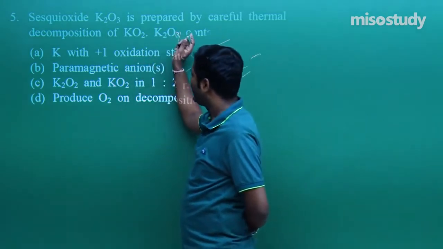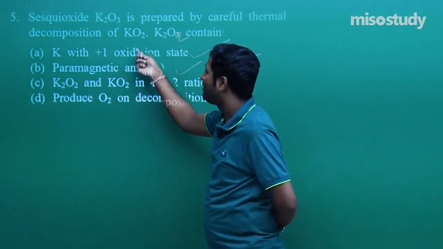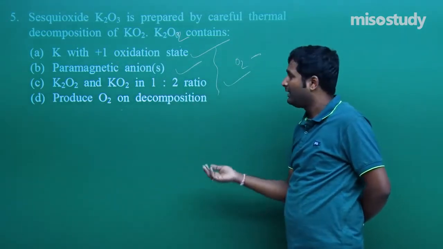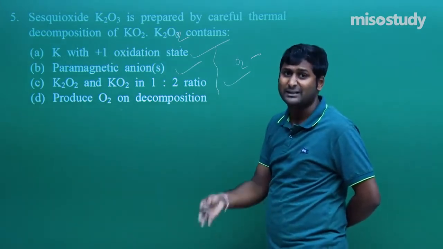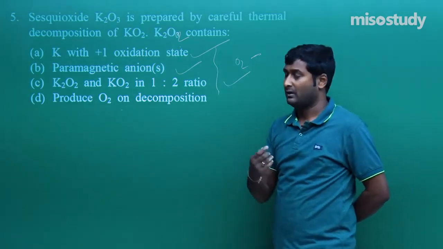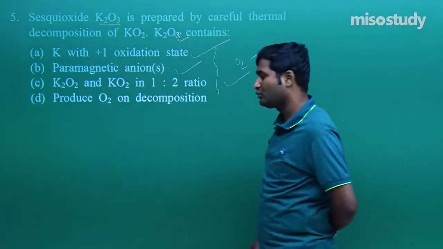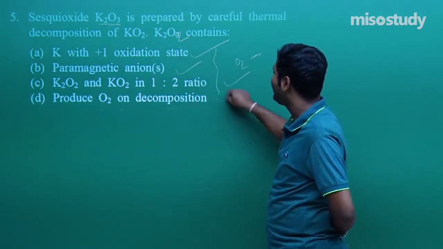As we know, that is sesquioxide, then definitely after decomposition it gives you O2. That is the case of normal oxide, superoxide, peroxide, and this one is sesquioxide. So it produces O2 on decomposition. So we can say A, B, C and D all are correct options.